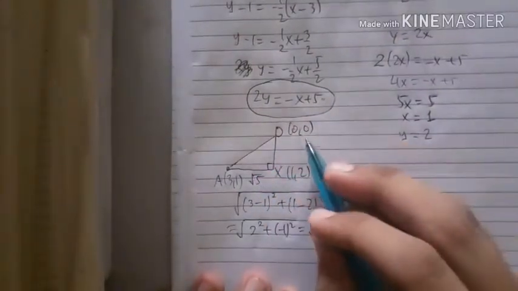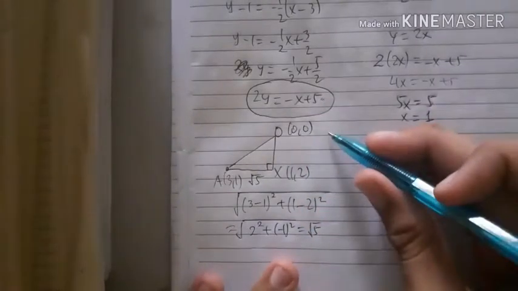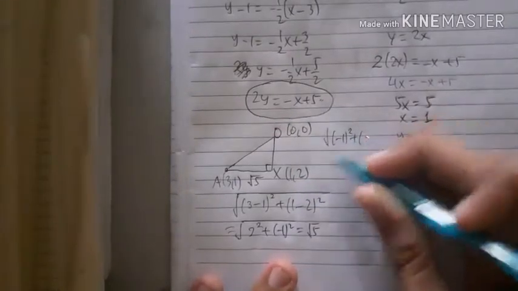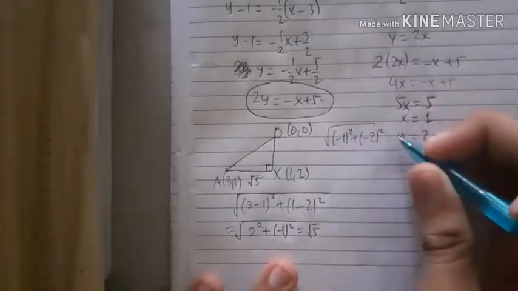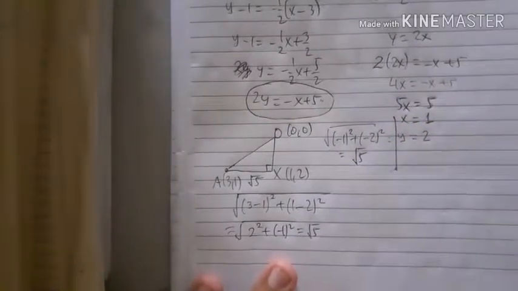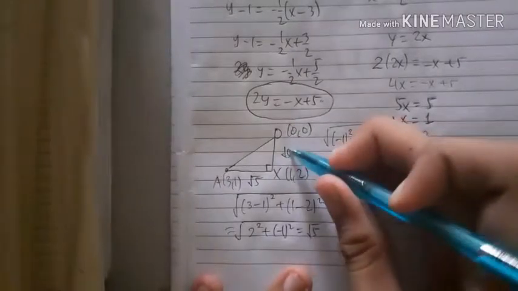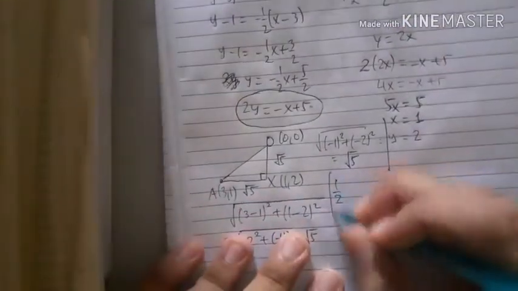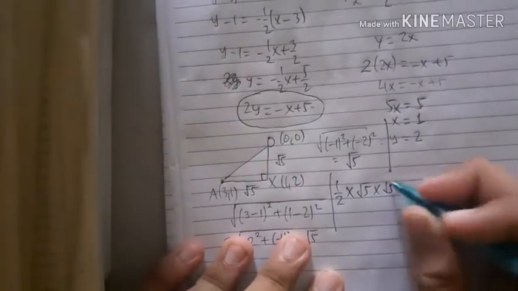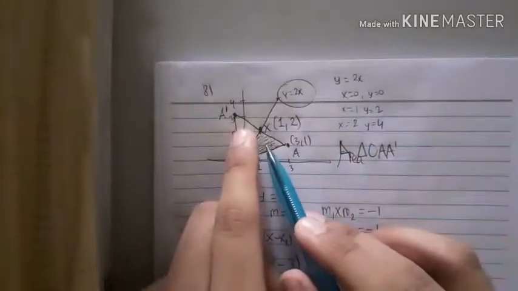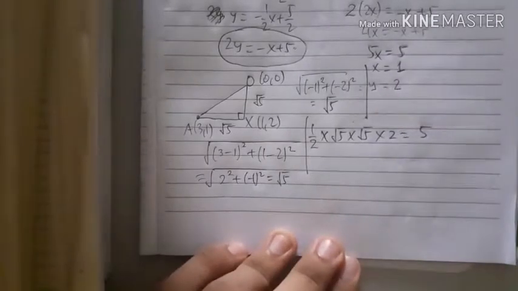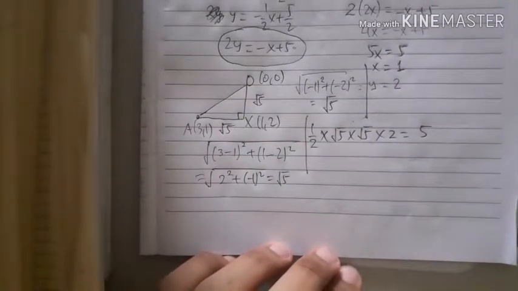For this length it is the same: 0 minus 1 squared plus 0 minus 2 squared, which is root 5, right? So the area of this half triangle is half times root 5 times root 5. Because we have two half triangles, we multiply it by 2. The answer is 5. So that is number 8.